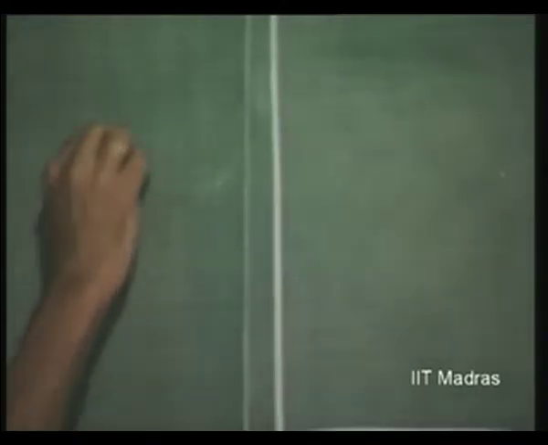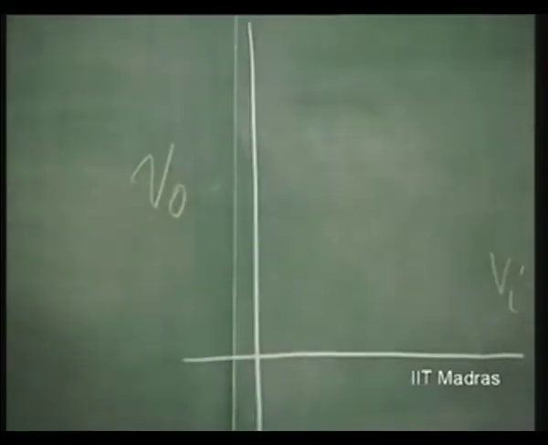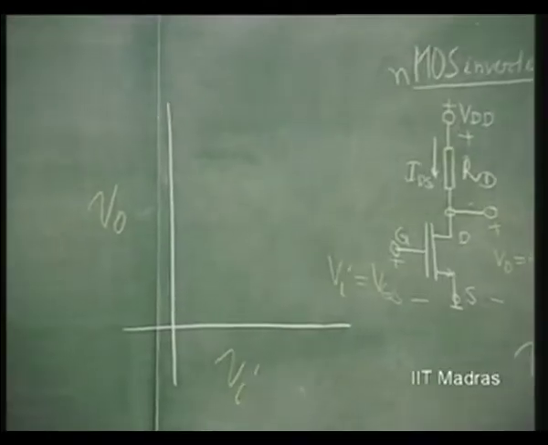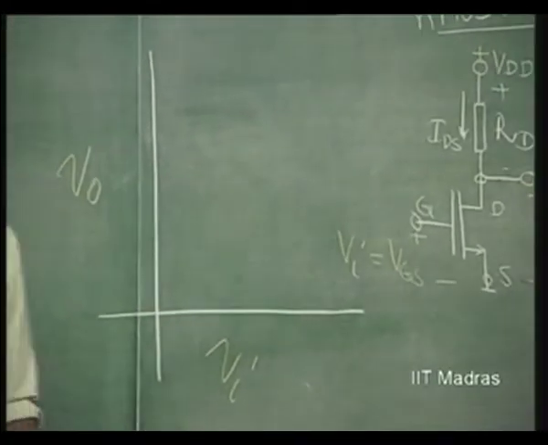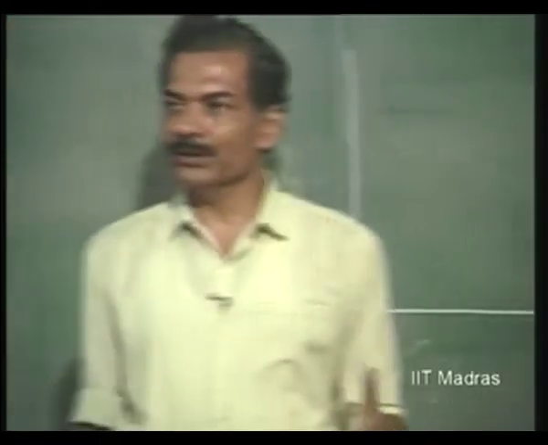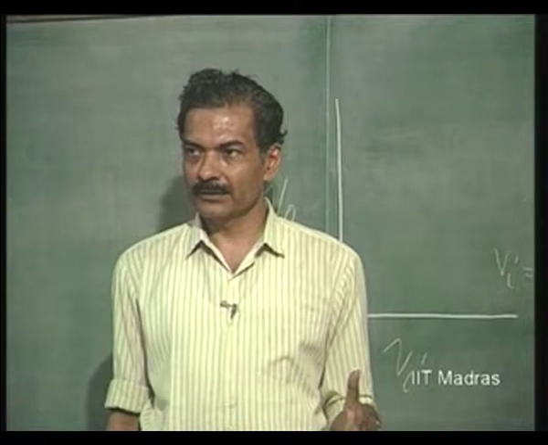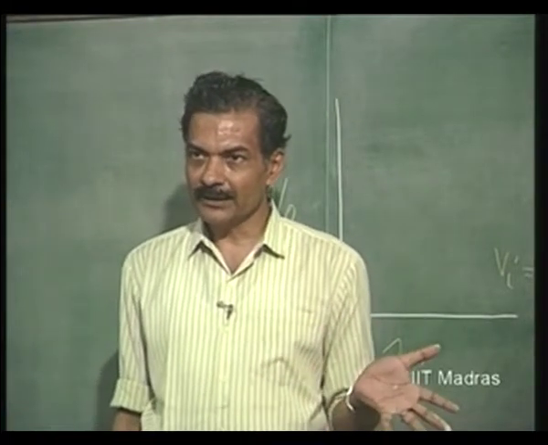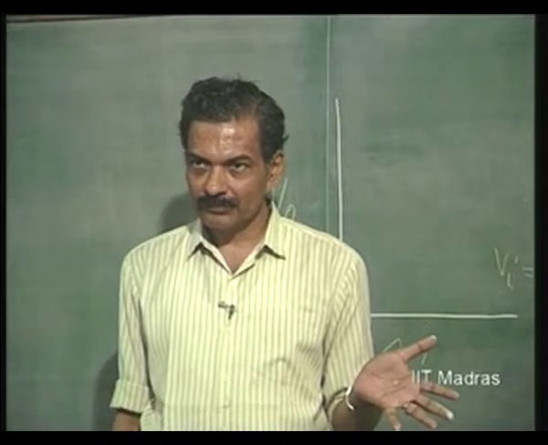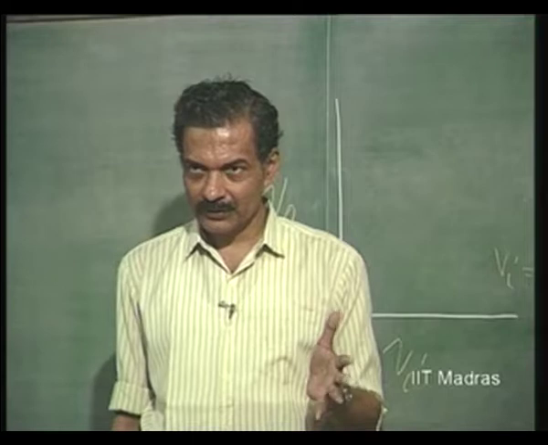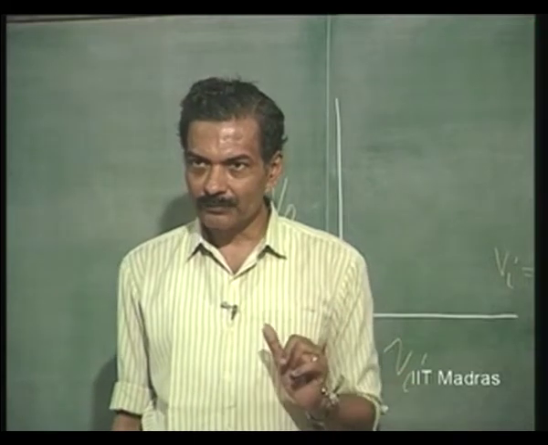If you therefore plot V naught versus Vi, until Vi becomes equal to Vt, there is no IDS. IDS is 0, it is off. The FET is off until threshold voltage is reached. Current is 0.